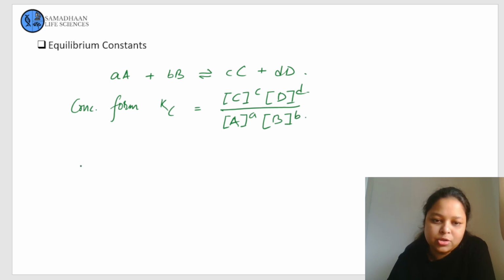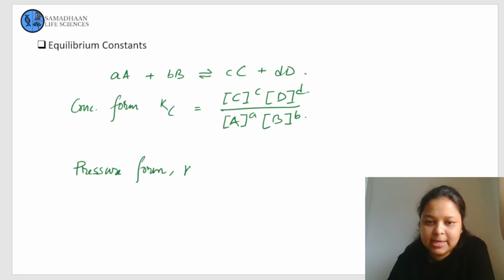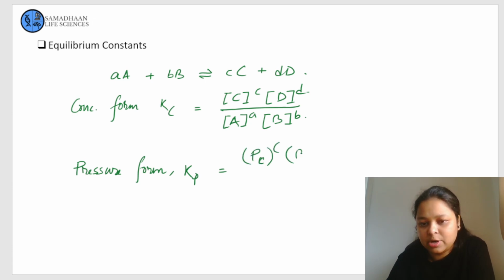We can also write it in pressure form, which is Kp is equal to partial pressure of C to the power c into partial pressure of D to the power d, divided by partial pressure of A to the power a and partial pressure of B to the power b.